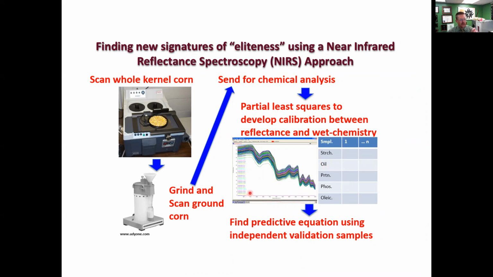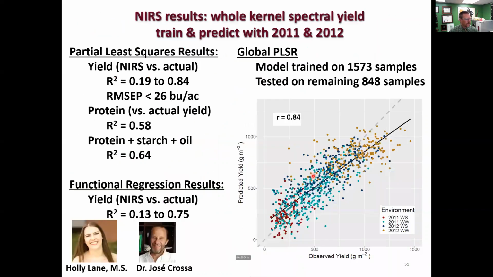We measure something at 8,000 nanometers and something at 8,002 nanometers and something at 8,003 nanometers, and we measure the reflectance values of all of those, except these are wave numbers, not nanometers. Then we can take all those thousands of spectral measurements, just like you take thousands of genetic markers, and use those to develop a predictive equation.